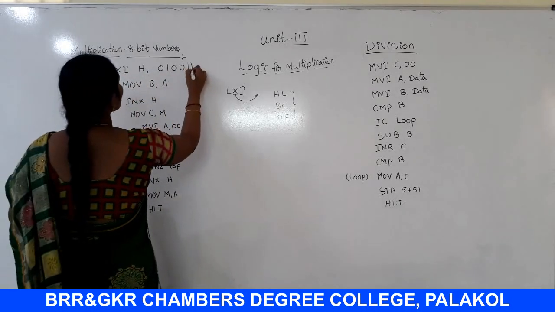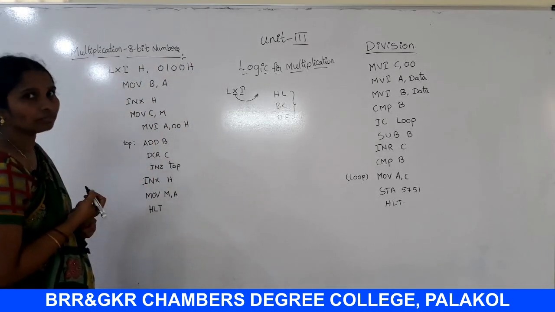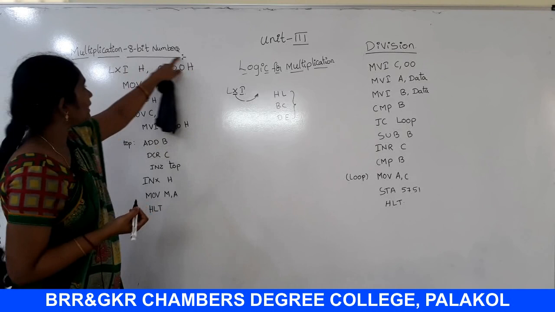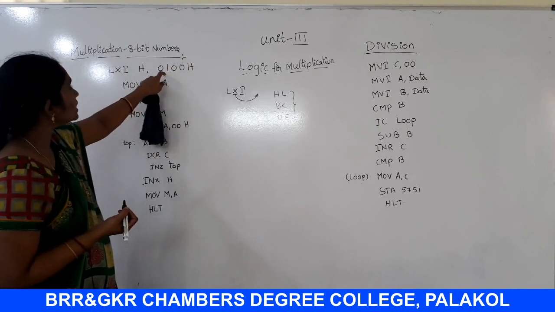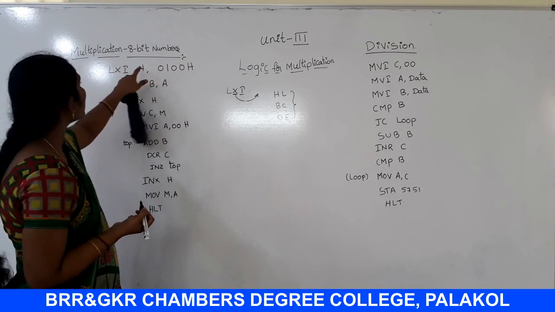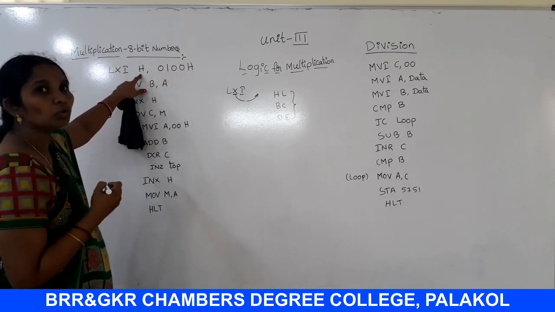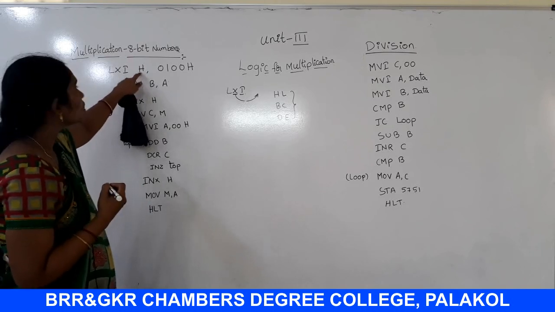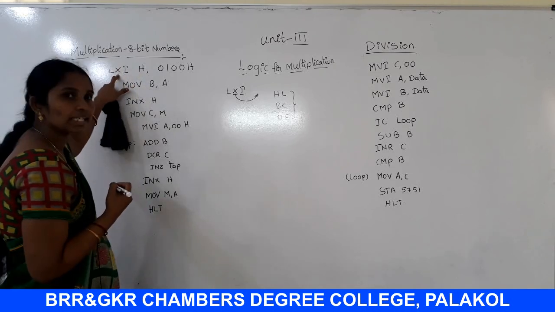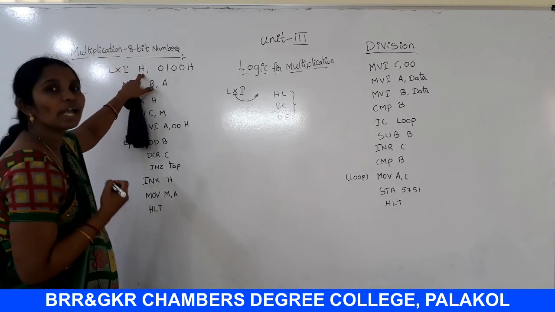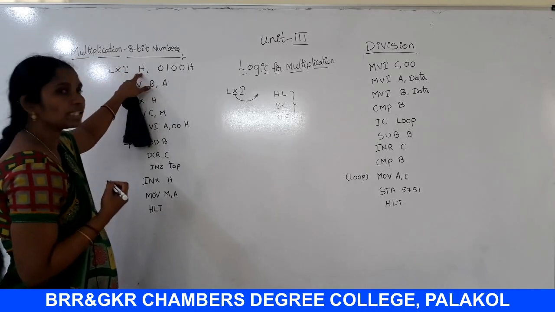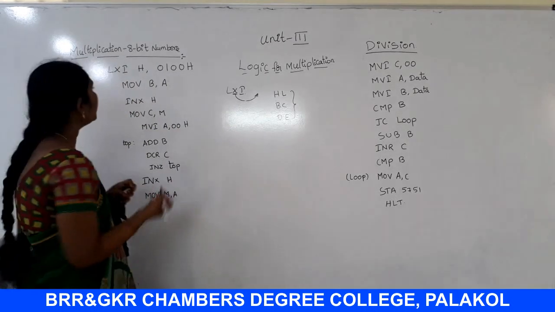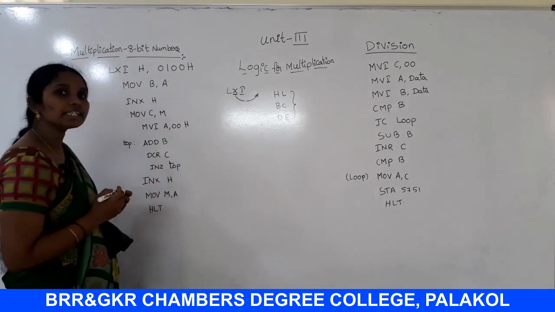Whatever data is at this address is loaded into the HL register pair. Instead of H we can use B, D or whichever pair. This is the meaning of the first instruction.